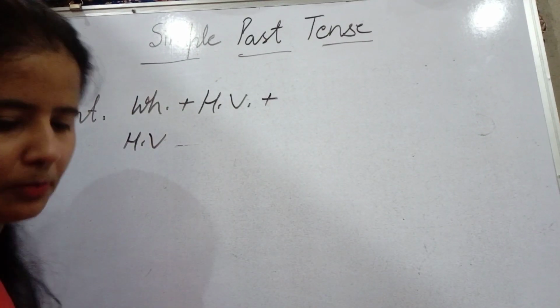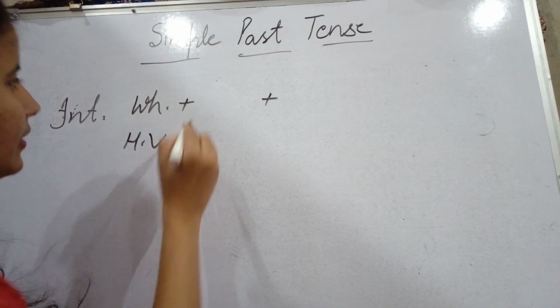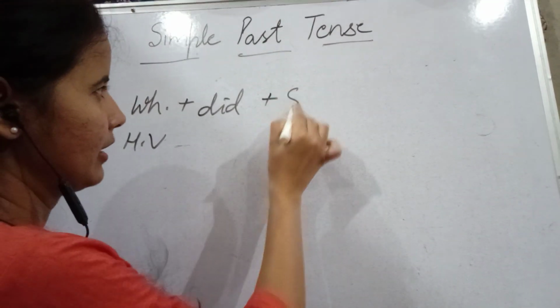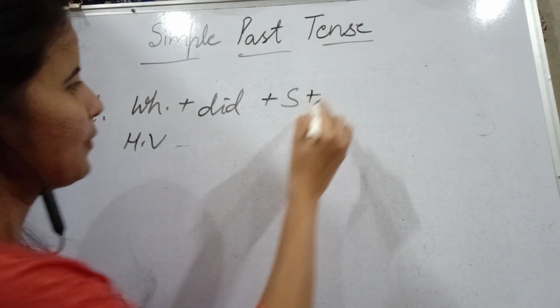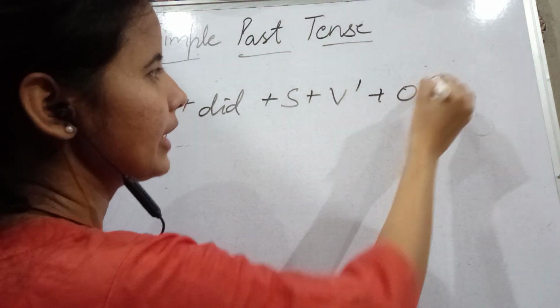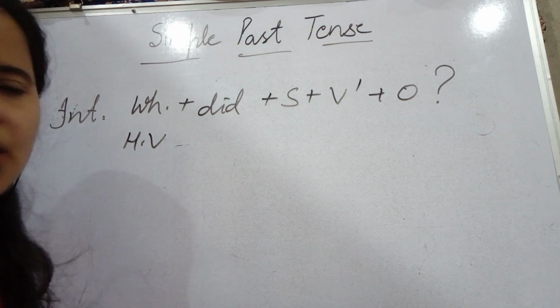Instead of the helping verb, what do we have to write here? Did. Then the subject. Then we have to write V1 in simple past tense. After this will be the object, adverb, adjective, whatever is there, and at last we put the question mark.